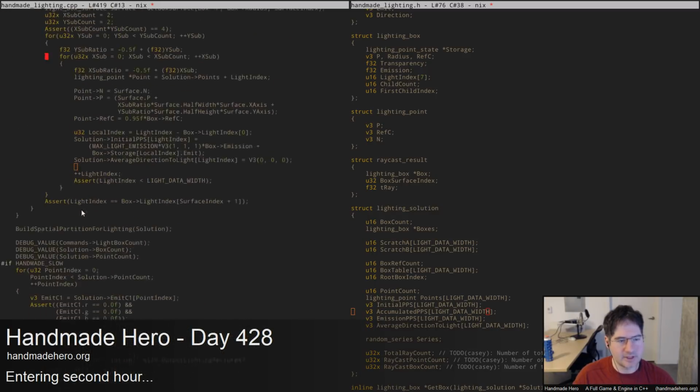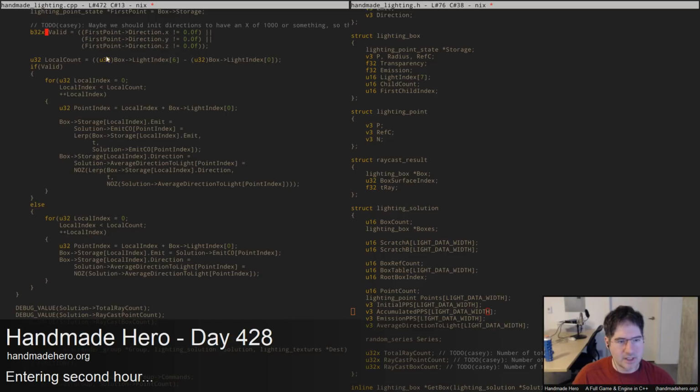This t update value here is what we're going to use. So when we come through here and we do our update, we do want to do exactly this, meaning we want to average our light direction with the previous direction. That's an important step, and I think we were getting flicker from that before, unfortunately. So we probably should have taken care of that previously, but we just didn't. Right? So now we've got that part.